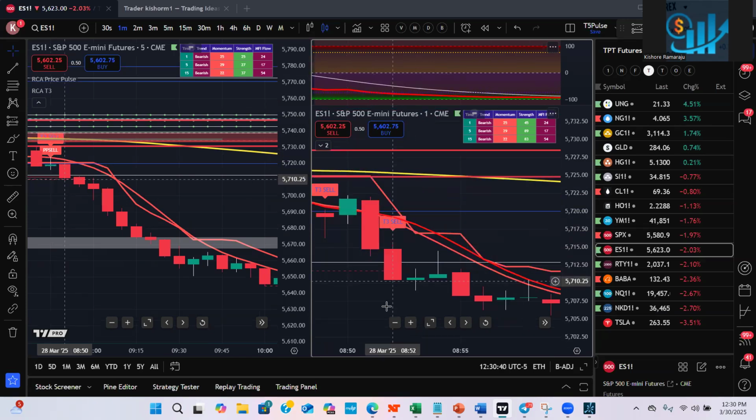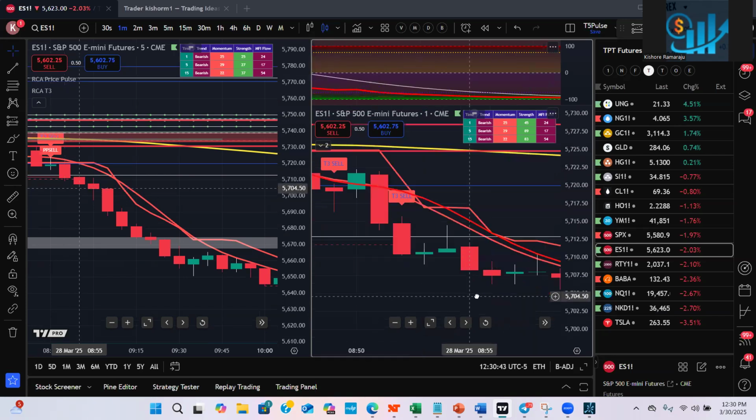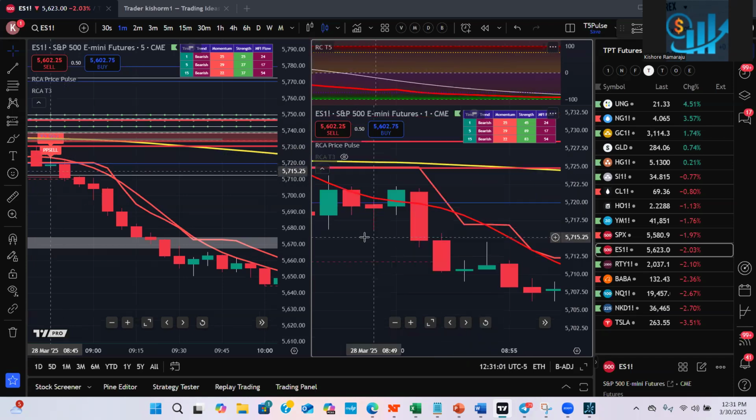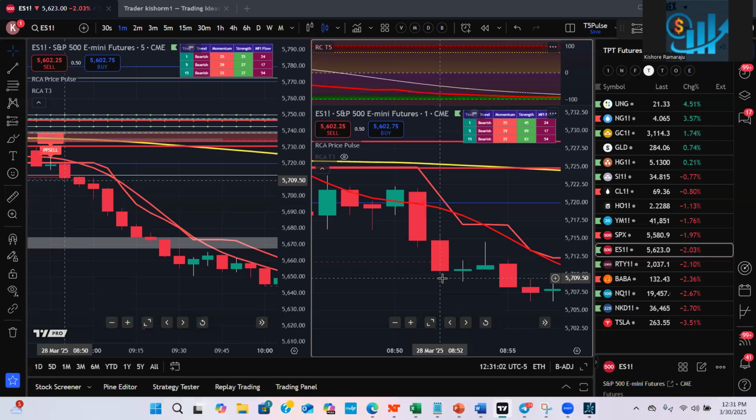Again, you got a T3 sell. Basically, what we are doing is whenever price goes back to the line, you get a sell signal. Whenever you have a sell, you wait for price to touch the T5 red line and then take a short. Whenever price drops, take the profit.